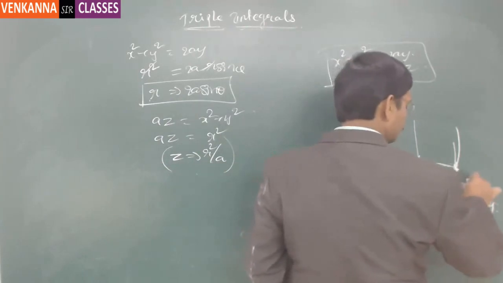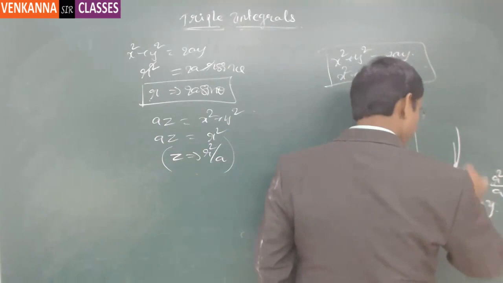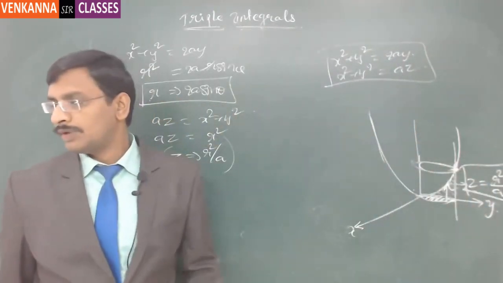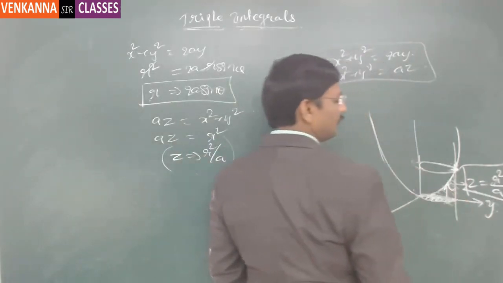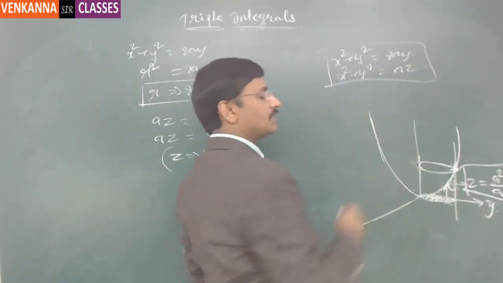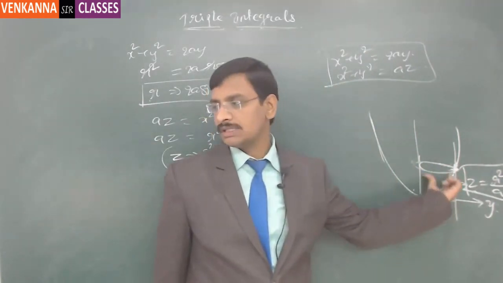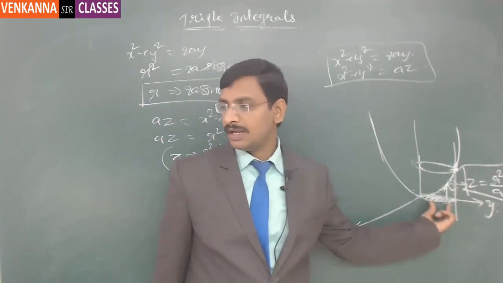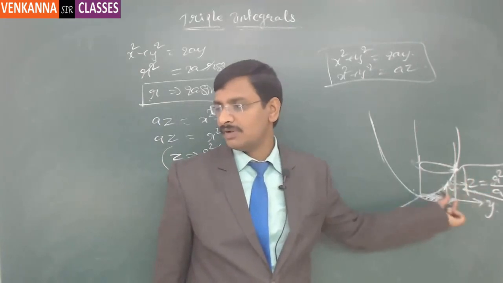So this is z is equal to r square by a. Now here the area is identified by this entire circle, and wherever it intersects doesn't matter, because this is bounding the circle. If you extend it, these are the area limits we are writing, and for the upper limit, this z value will decide where to go.